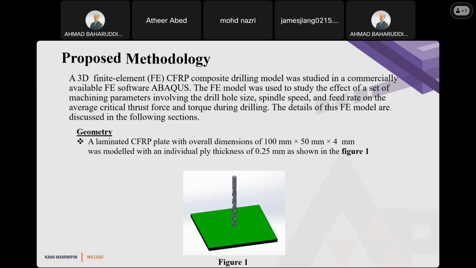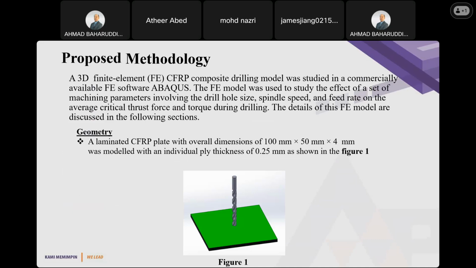I will use Abaqus, the finite element Abaqus, for mechanical parameters involving the drill hole feed, and like I said, I will use different spindle speed and feed rate, and different diameter.